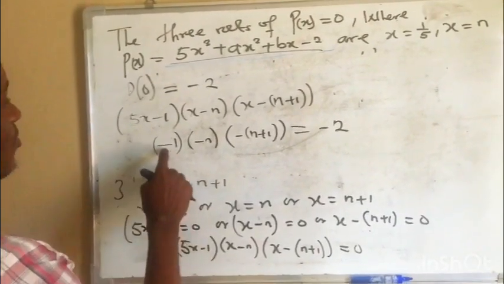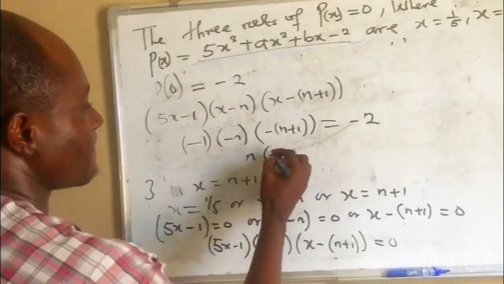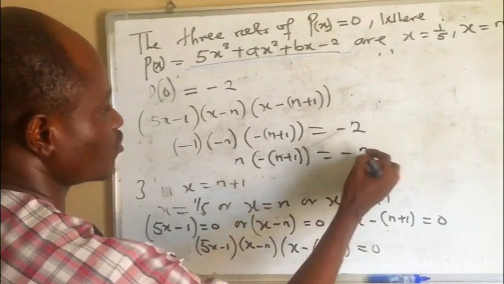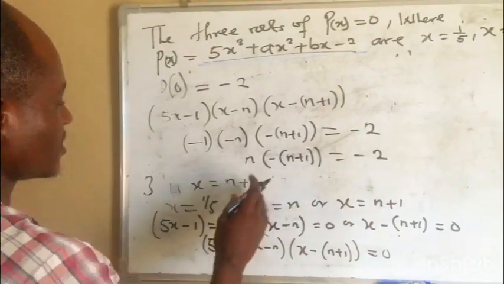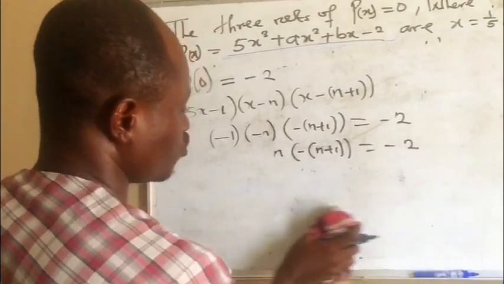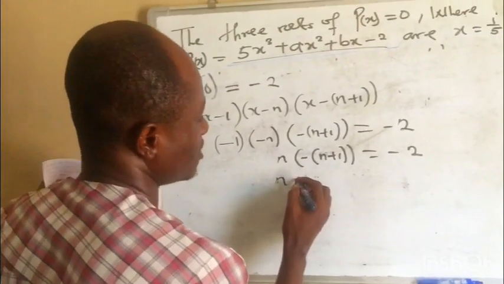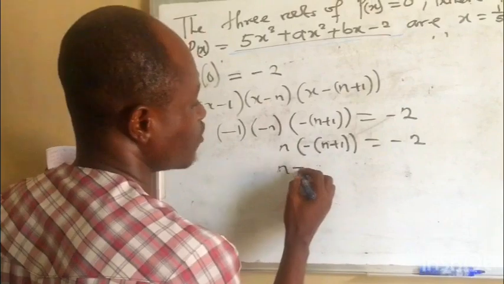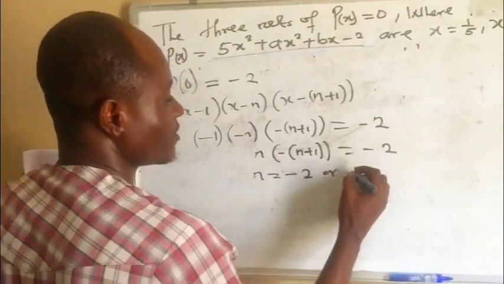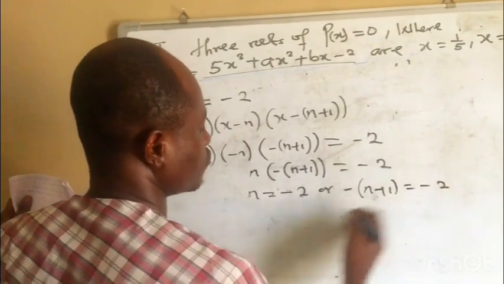So minus 1 times minus n gives us n, times the bracket minus n plus 1, close the bracket, equals minus 2. From this equation you can get two possible values for n. Either n equals minus 2, or minus into bracket n plus 1 equals minus 2.